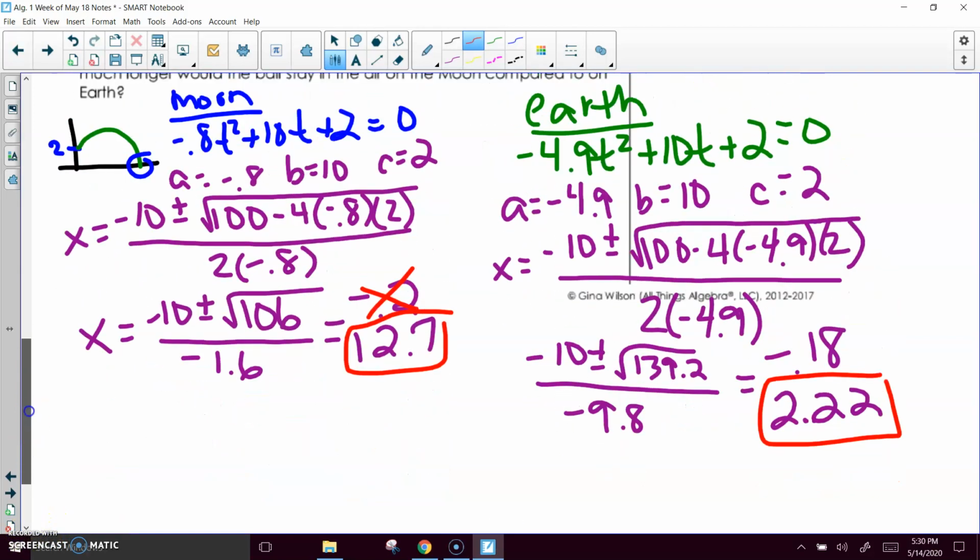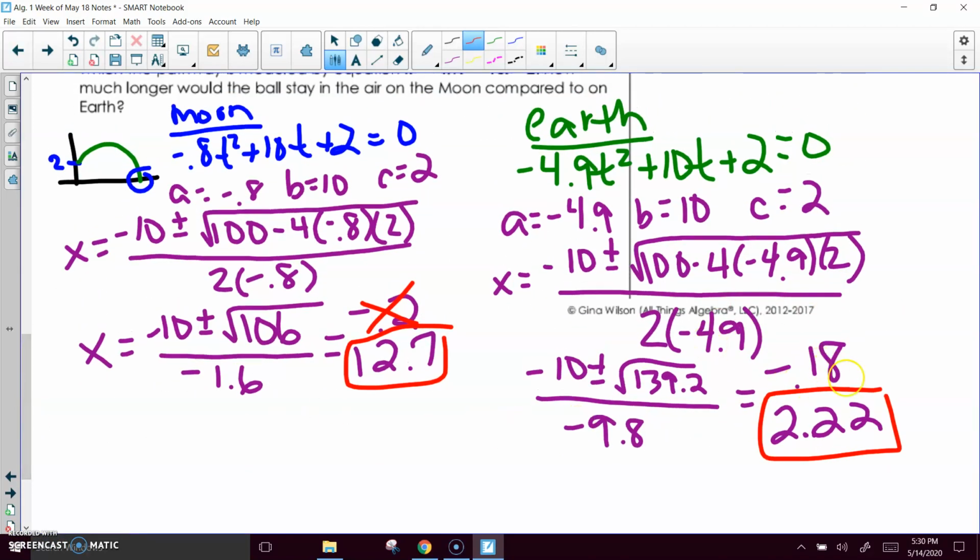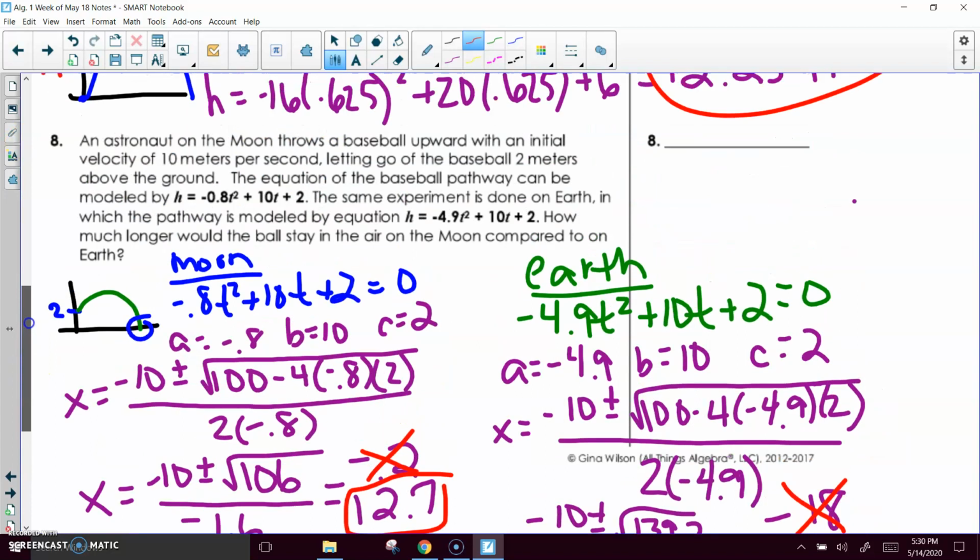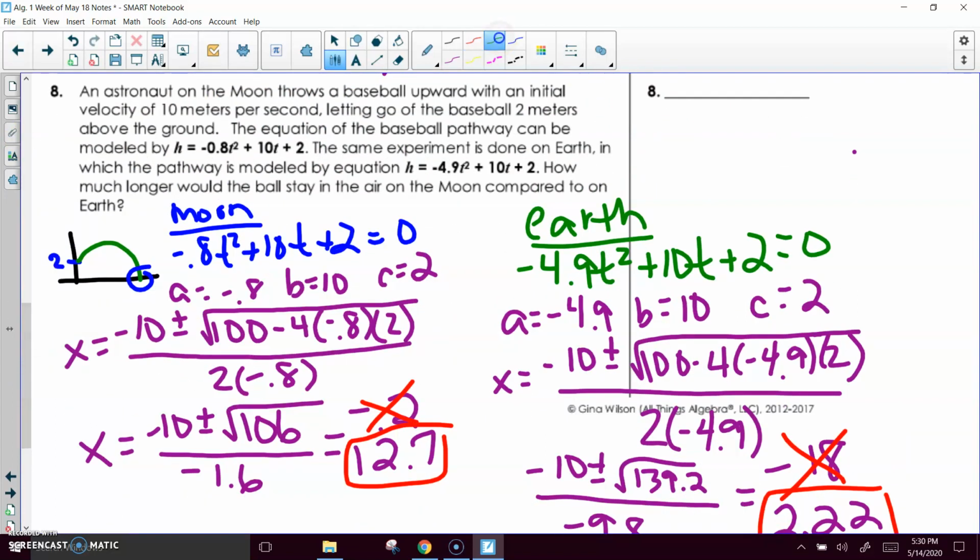All right, on Earth, hopefully you found that the time it's going to take for the ball to reach the ground is 2.22 seconds. So the question was, how much longer will the ball stay in the air on the moon compared to on the Earth? So what I have to do is subtract my answers.